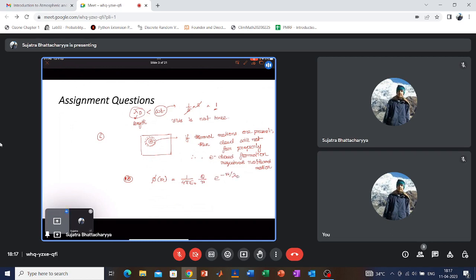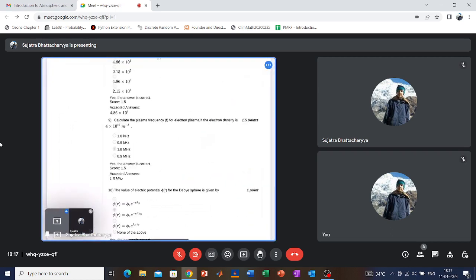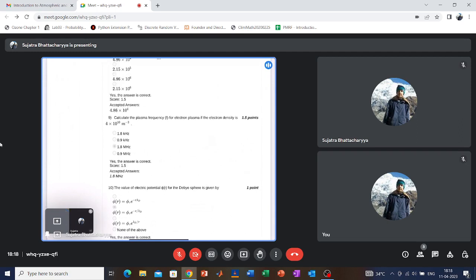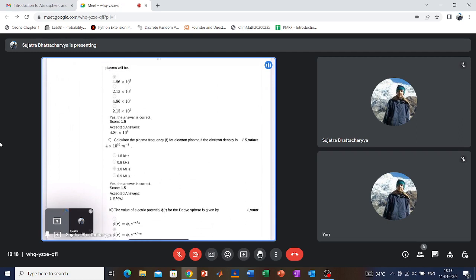So it is not only the Coulombic potential which is existing, but there is some extra term which is also there, and therefore that is actually written as phi naught e to the power minus r by lambda d. This should be the correct option. And if you see here, B option is correct. Phi of r is phi naught e to the power minus r by lambda d. So all the other numerical questions we will solve now one by one.